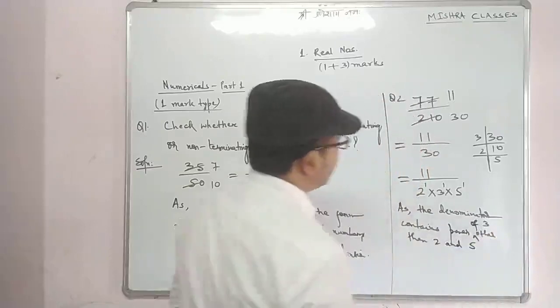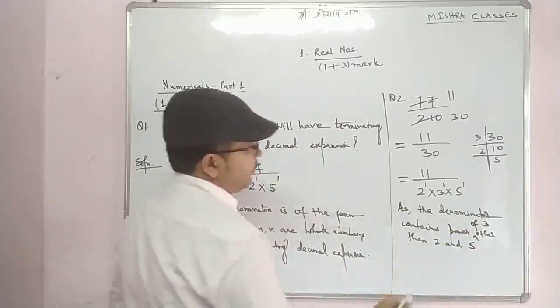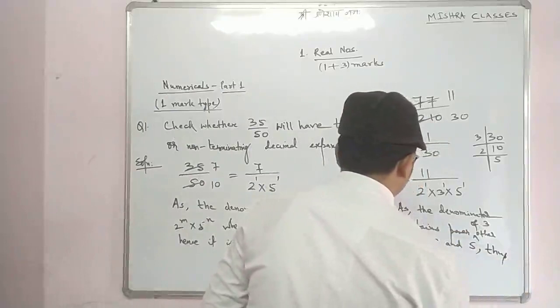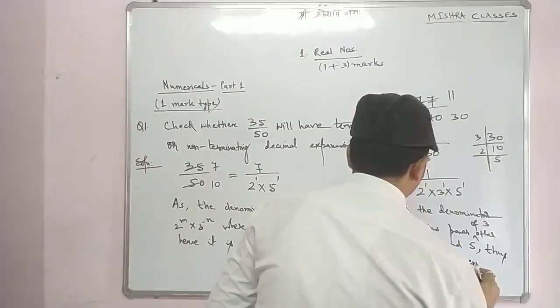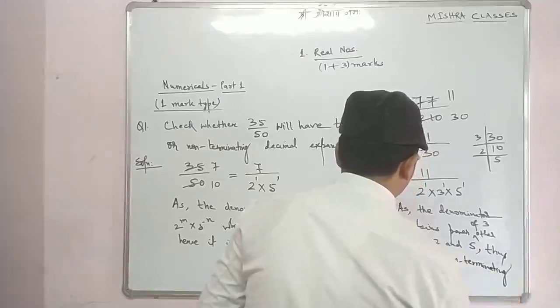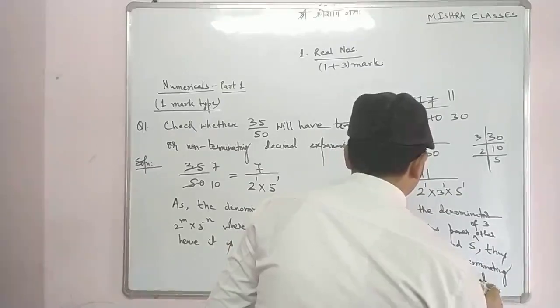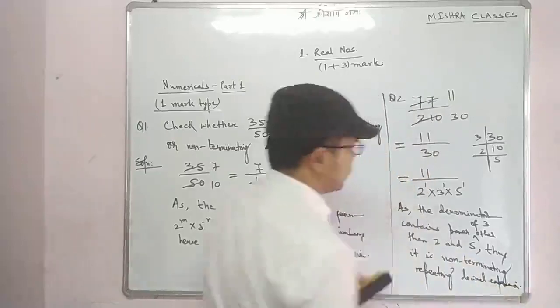Alright, as the denominator contains power of 3 other than 2 and 5, thus it is non-terminating repeating decimal expansion. Is it clear to you?